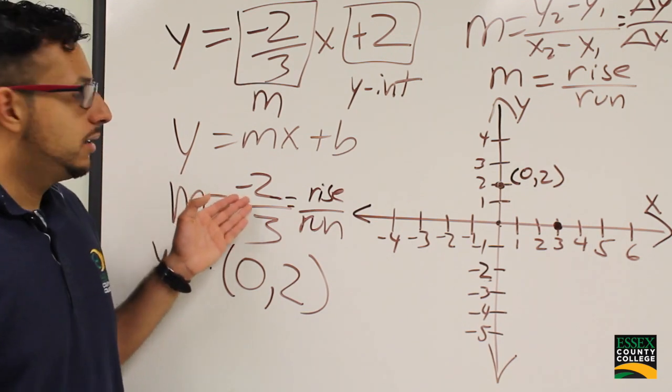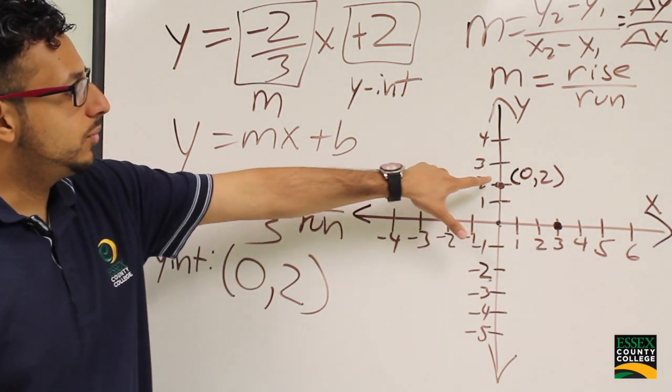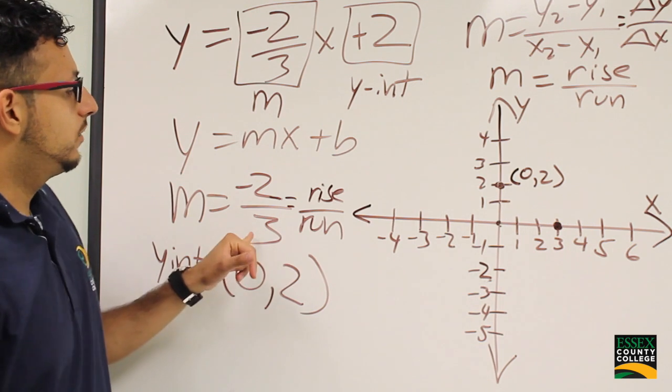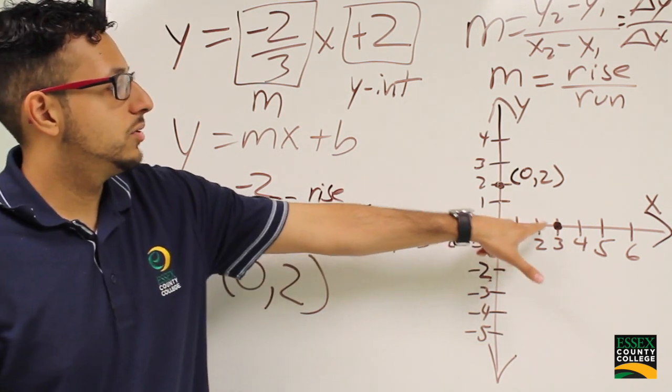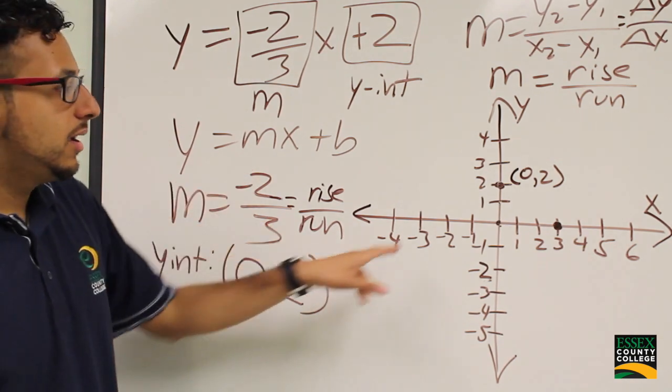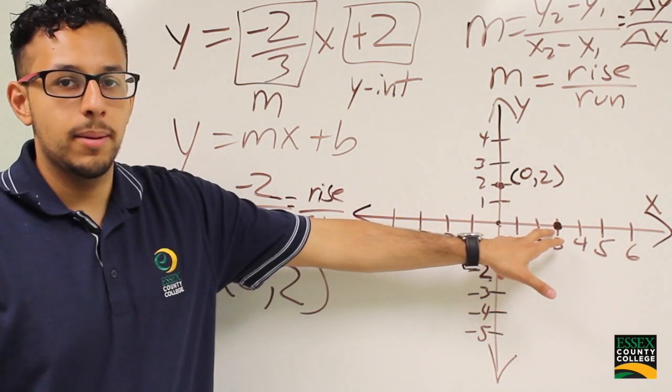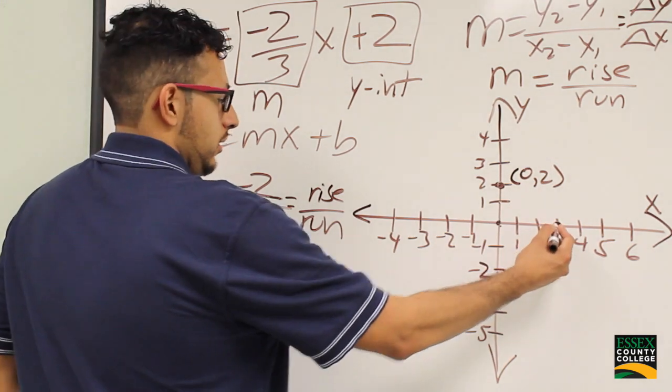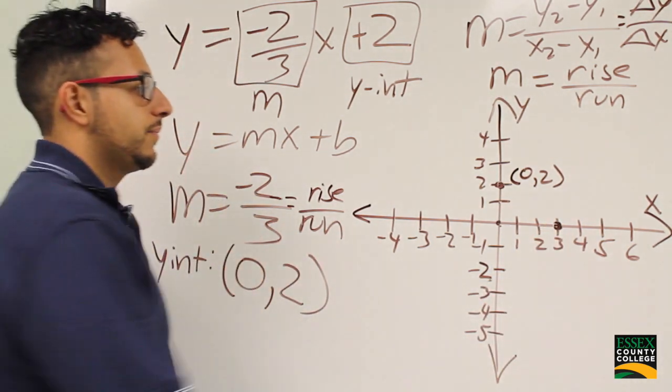So we rose negative 2, so we went down 2, and then we did a run of 3. That's the steps we had to take: we do the rise and the run, and when we finish, that's our next point. Then we can do it again from this point.